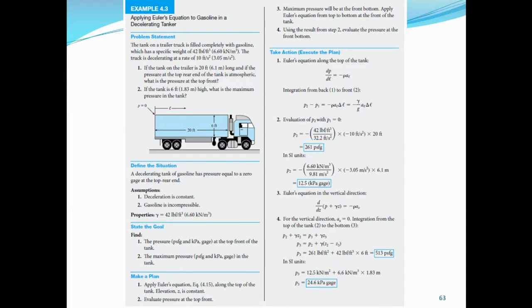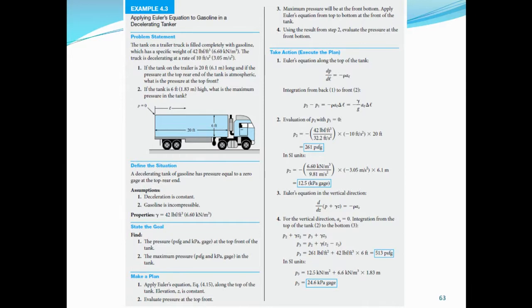The tank of the trailer is filled completely with gasoline, which has a specific weight of 6.6 kilonewton per meter cubed. The truck is decelerating at a rate of 3.05 meter per second squared. So these are the dimensions, the length is 6.1 meter.